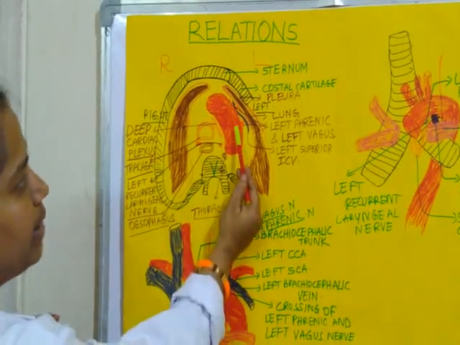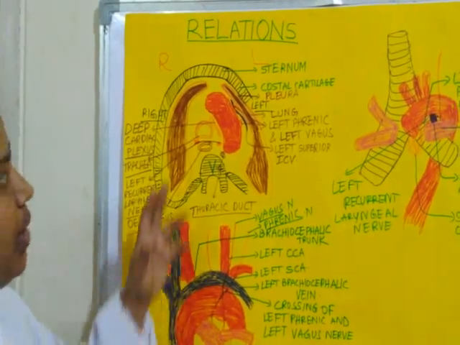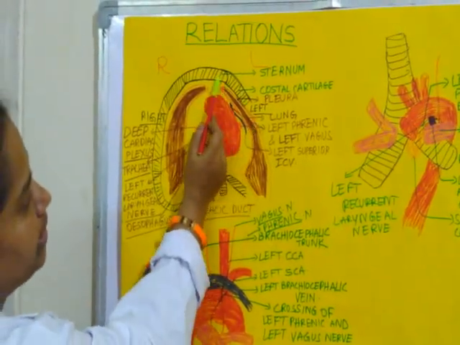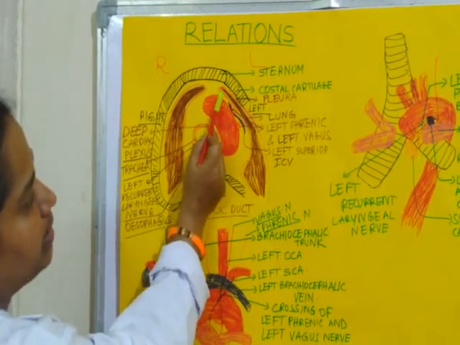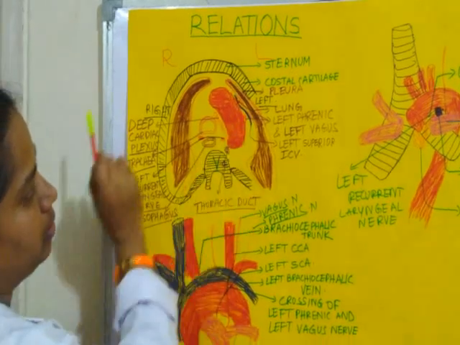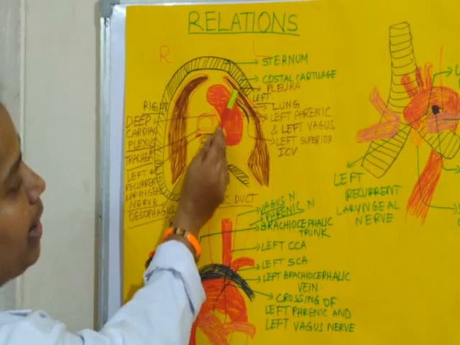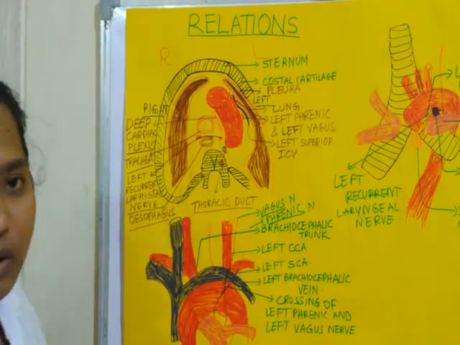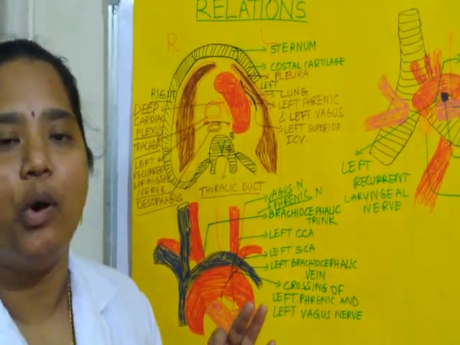Anteriorly towards the left, what are the structures which we see? First we see sternum, then behind the sternum left pleura with left lung. Then between arch of aorta and the left pleura and lung we have some small structures: 4 nerves and 1 important vein.